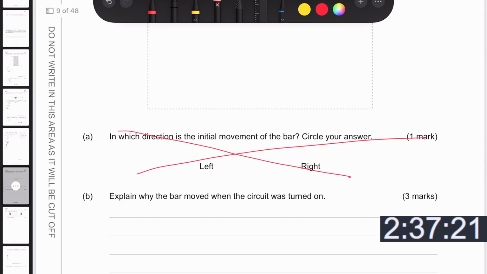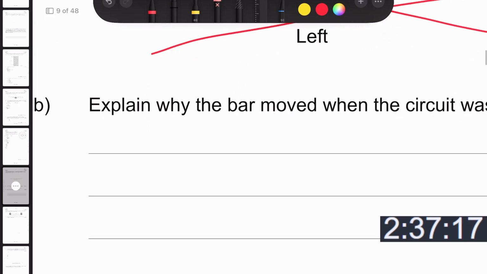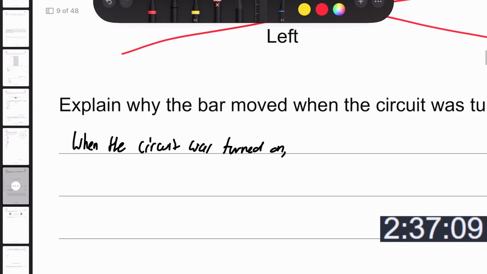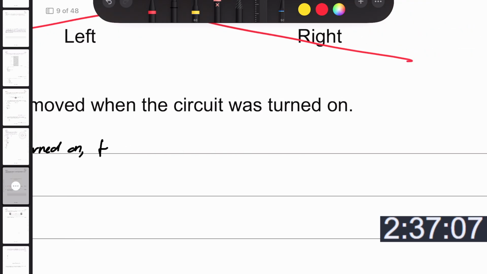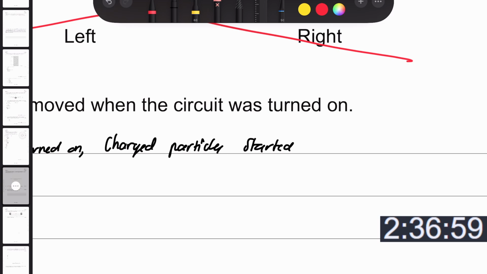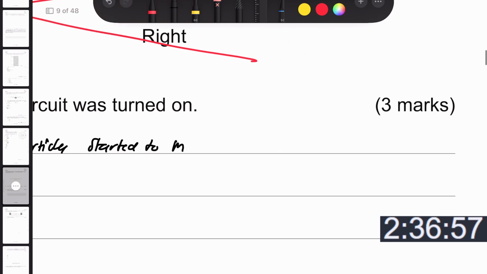Explain why the bar moved when the circuit was turned on. When the circuit was turned on, charged particles started to move throughout the bar.